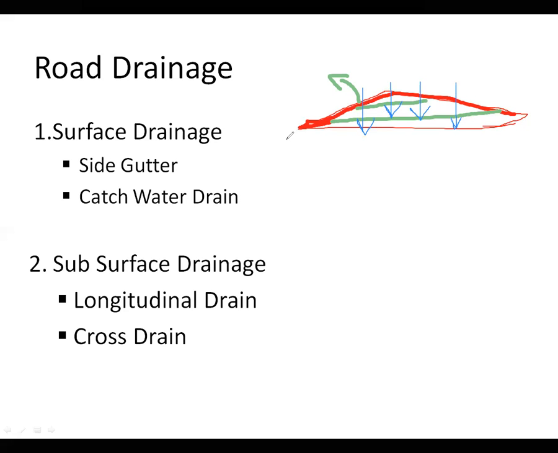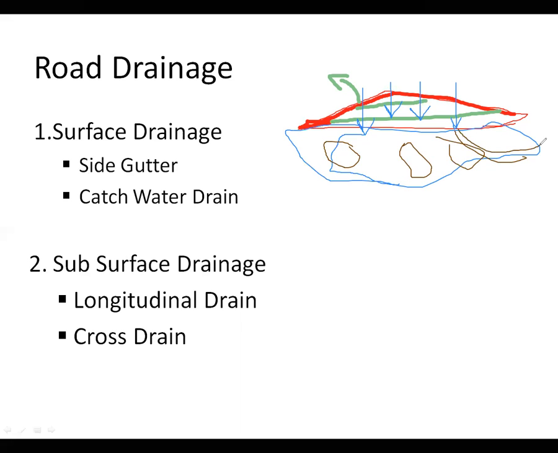The rainwater will percolate through the upper surface and reach the subgrade portion, and the subgrade will start to deteriorate. Piping action might occur, and seepage will start from here toward another low pressure area.